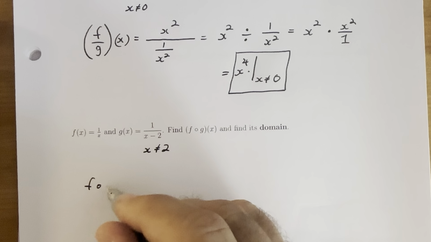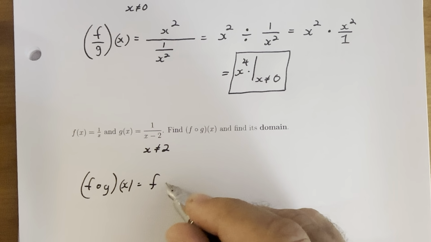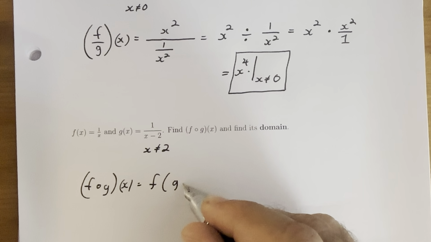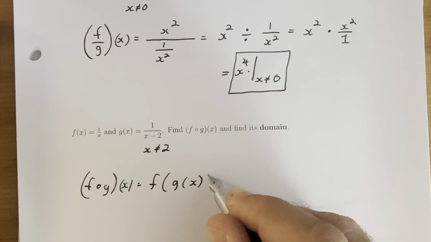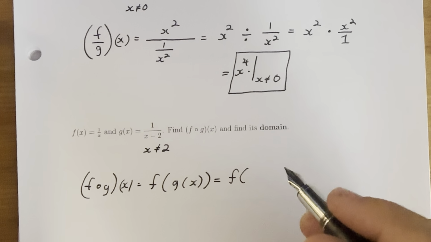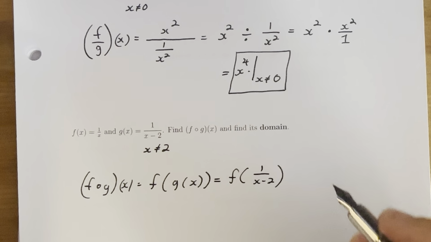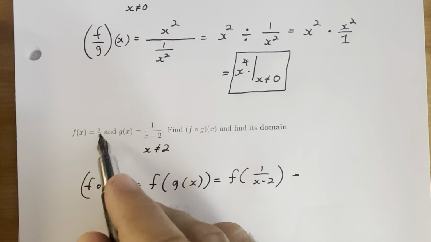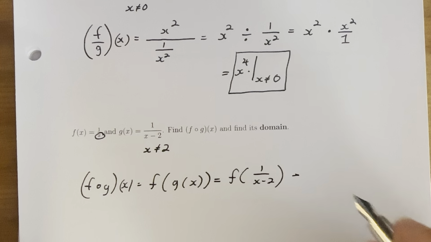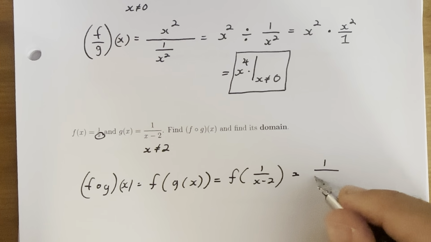And so f composite g of x is the same as f of g of x. And so g is simply 1 over x minus 2. Right? Wherever I see x in f, I replace that with 1 over x minus 2.